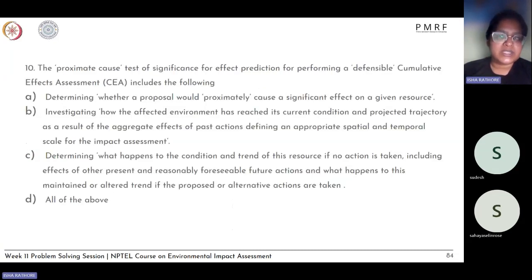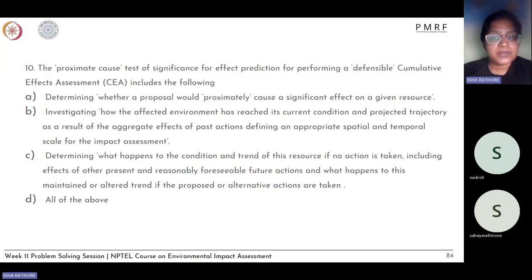The proximate cause test of significance for effect prediction for performing a defensible cumulative effect assessment, CEA, includes the following. A. Determining whether the proposal would proximately cause a significant effect on a given resource. B. Investigating how the affected environment has reached its current conditions and projected trajectory as a result of aggregate effects of past actions, defining an appropriate spatial and temporal scale for the impact assessment.